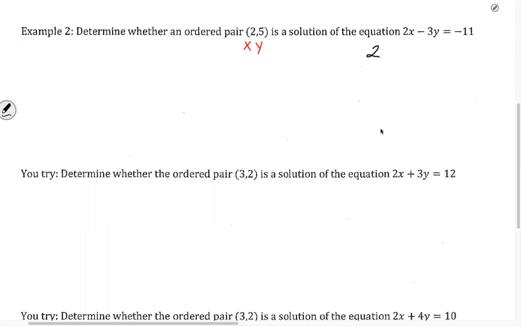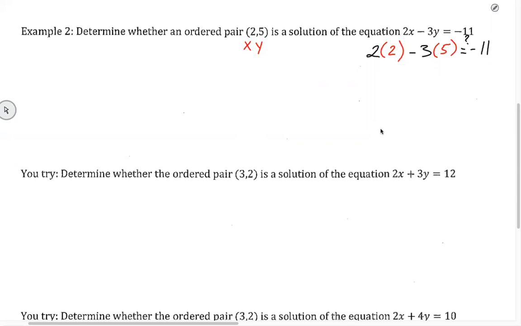So I have 2 times 2 minus 3 times 5. Now notice I'm just replacing the x and the y. That's why I did it in red. You okay with that, Matt?